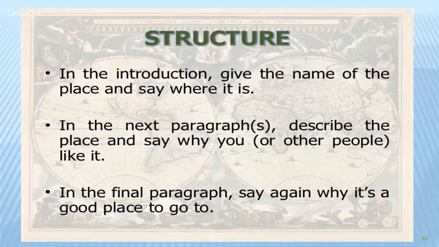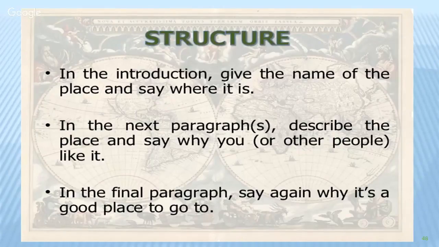In the introduction, we give the name of the place and say where it is. So introduction of a place: first we say which place we are talking about and where this place is. In the next paragraph or sentence, describe the place and say why you or other people like it.